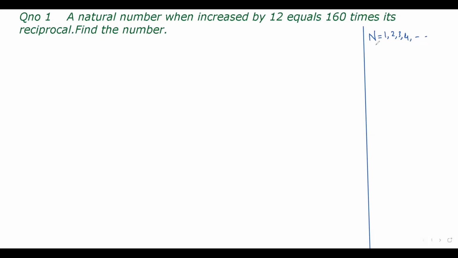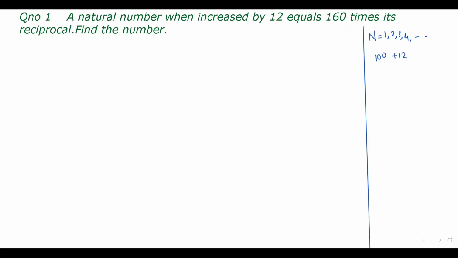Natural number is clear. So अगर आप कोई भी एक number लेंगे, suppose आप लेते हैं 100. If increased by 12, when it is said increased, जो ये word increased होता है या more than होता है या exceeds होता है, इसमें हम addition करते हैं. So if I'm saying 100 is increased by 12, it means 100 plus 12, right?